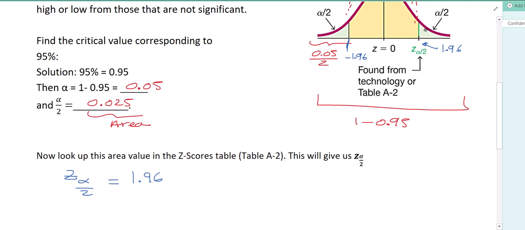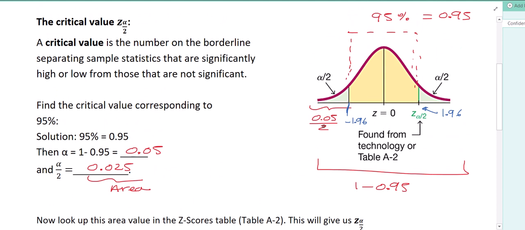We can use either one, negative 1.96 or 1.96. Oftentimes we're going to be looking at the positive one, but I find it easier to do the negative because the table gives me the area to the left, so I pick this one because it already gives me the area to the left. If I wanted to find this one using the table, then I have to do the 95%, the area in yellow, plus that 0.025.